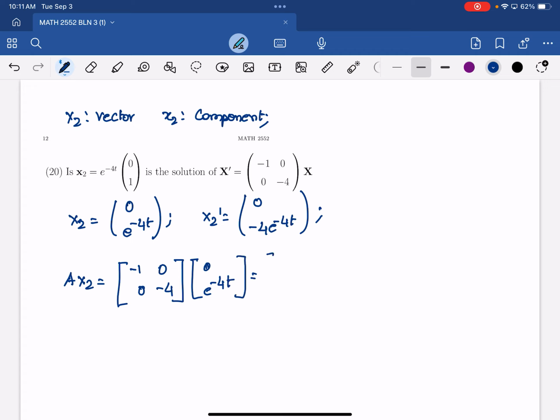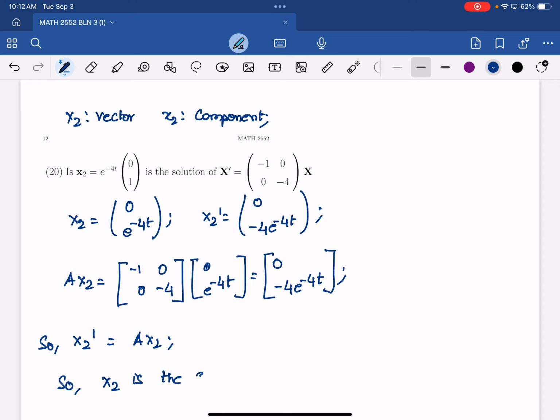So that gives me 0 and negative 4 e to the negative 4t. So it's not a surprise, x2 prime equals Ax2. So x2 is a solution of x prime equals Ax. You with me? We just demonstrated it, right? You all good?